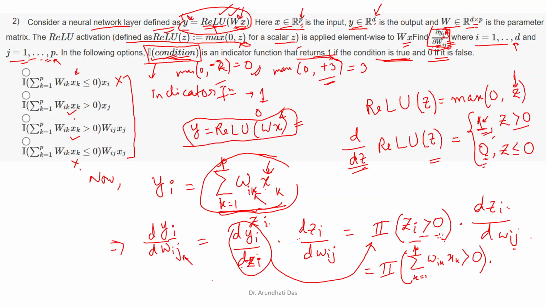So only the rest term will remain here, which is xj. Here because i is in the numerator and i is in the denominator, the remaining term is xj. And why has this x term come? Because it is the constant or coefficient for this entire term if I take the derivative with respect to wij.